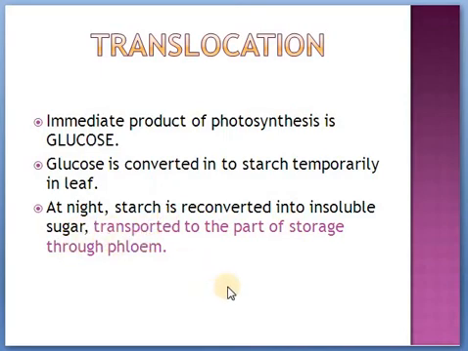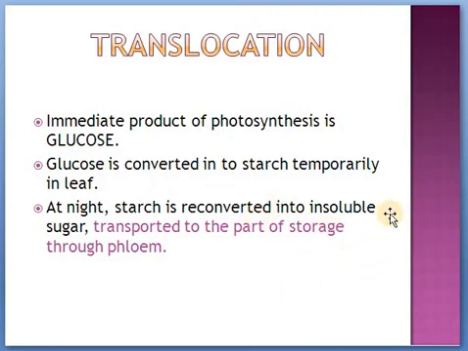And when they reach the storage area, for example in tapioca, the starch is stored in the root. In potato, it is stored in the underground stem. In these cases, the starch will first be converted into soluble form, and then moved to the root.